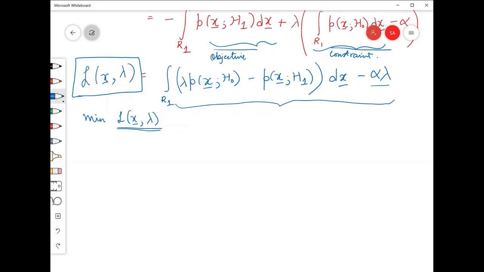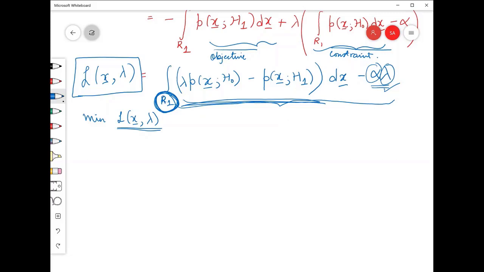See, suppose lambda is fixed. So this is a constant. Alpha is a constant and lambda is a constant. Okay, so it will remain fixed. What we can do is we need to find out R1, right? That is the variable that we require from this optimization problem.